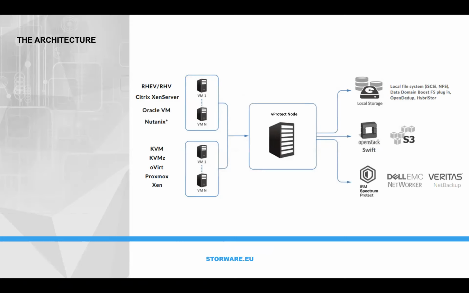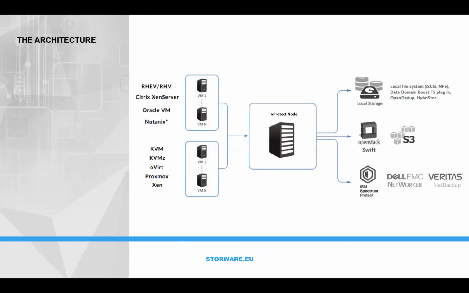One of our biggest advantages, besides the really good UI and the number of functionalities we address on the left side, is the reach of the different targets that we can address today. So you actually have a choice. You can store your backups on the local file system.